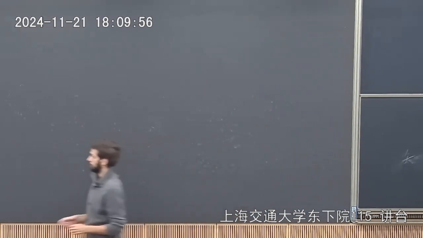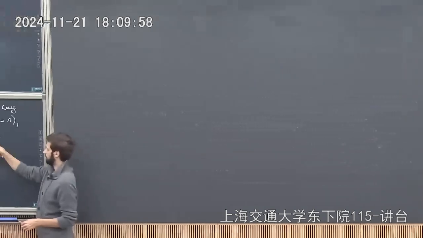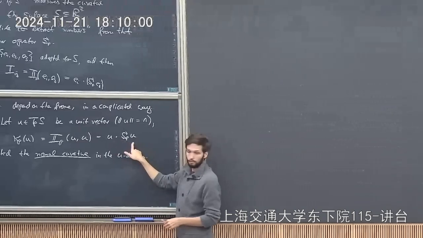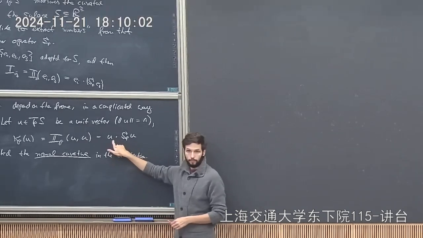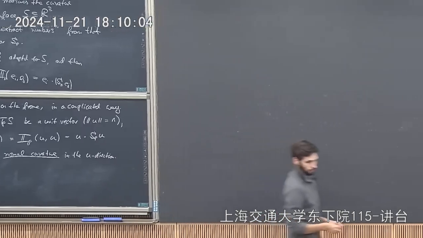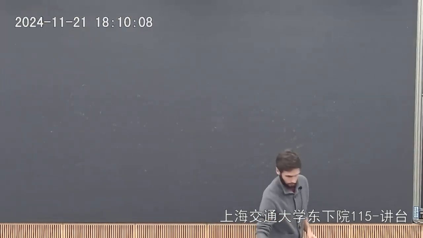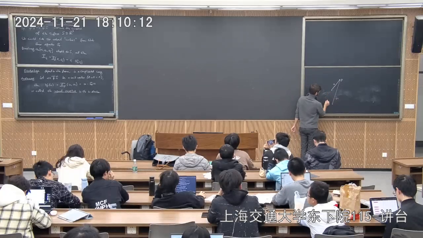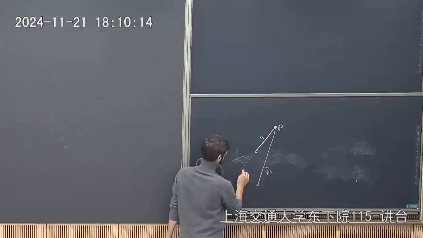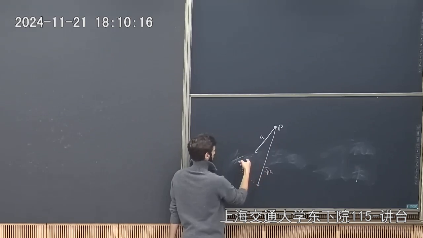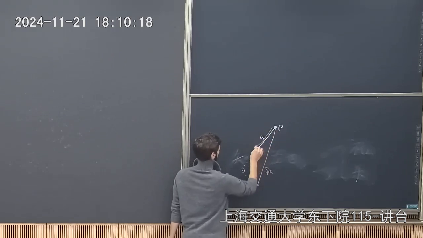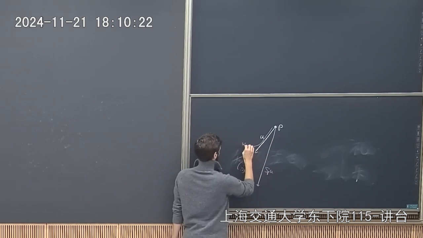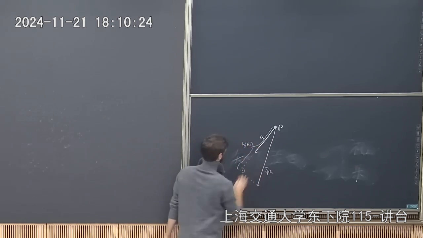And then this expression, u times S_P of u, is just a projection of that vector onto the u direction. So what you do is you take the orthogonal projection of that vector onto the u direction, and then this length here is kappa_P of u.